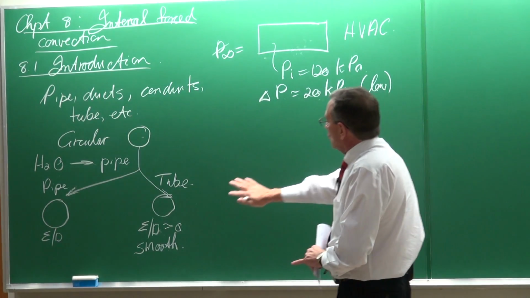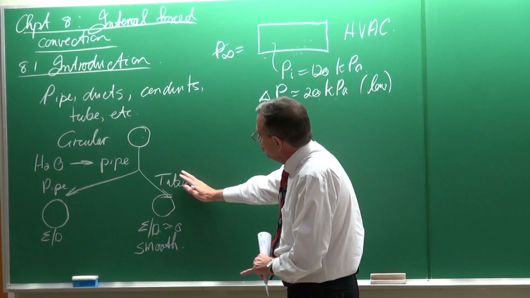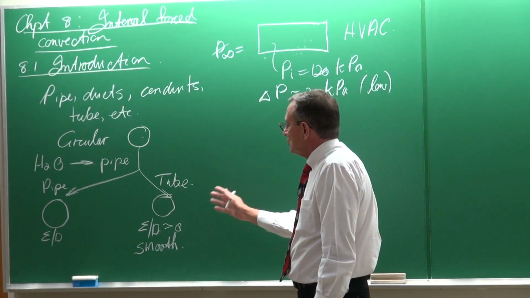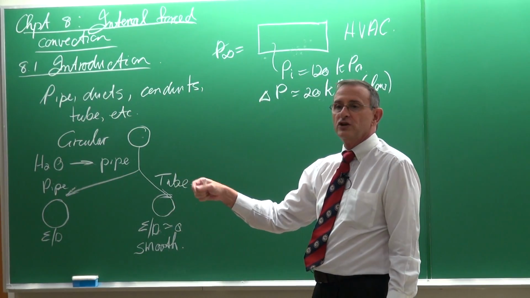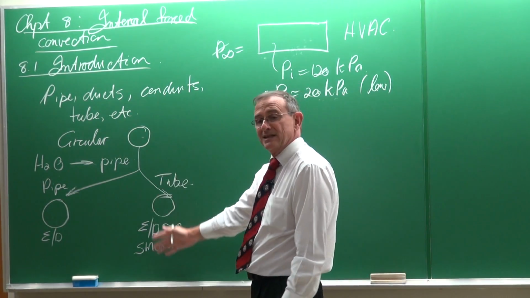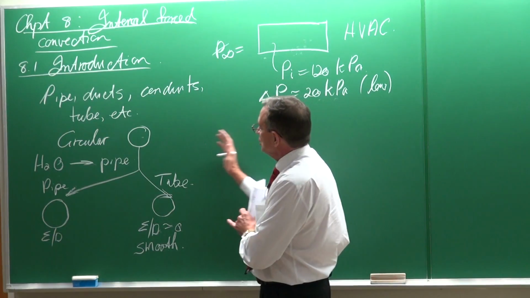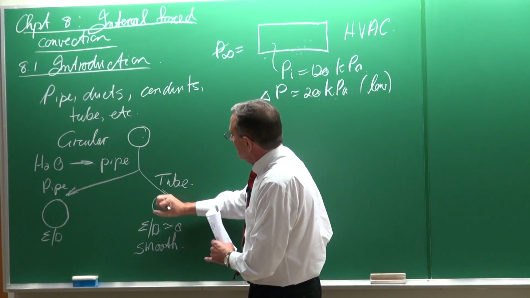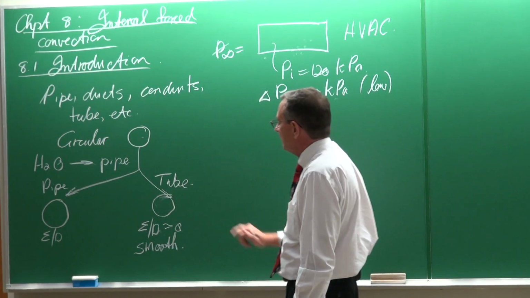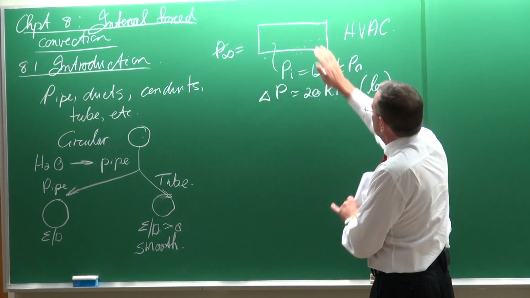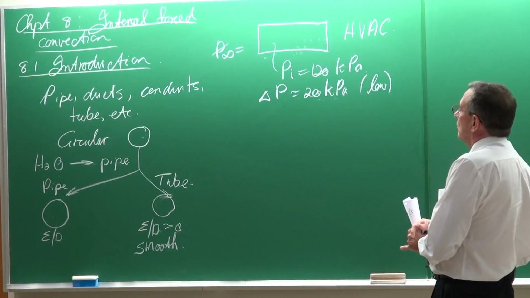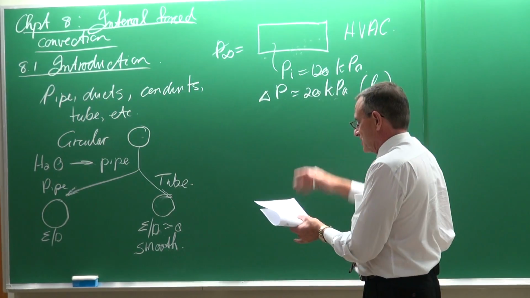So with pipes and tubes, normally we can have pressures in the order of megapascals. 20, 30, 40 megapascals is nothing unusual. So usually pipes and tubes, the circular area has the advantage that it can take very, very high pressures, while normally these types of ducts from galvanized iron are being used for low pressures.